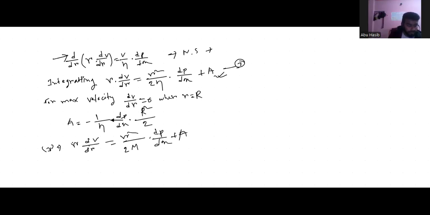So dv/dr is equal to r divided by 2 mu, dividing these two parts by r, dp by dx plus a divided by r. Dividing this equation by r, we will get this second equation.